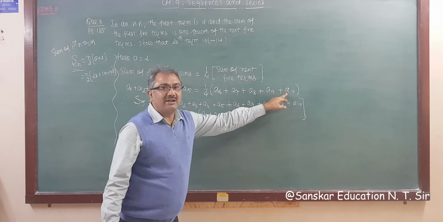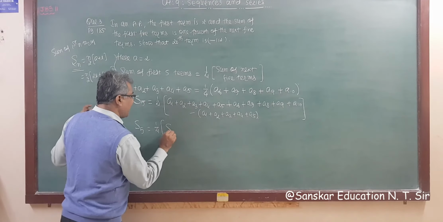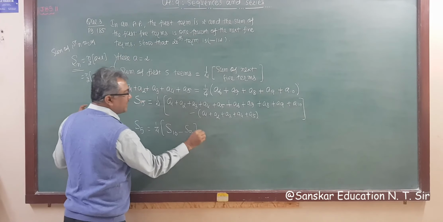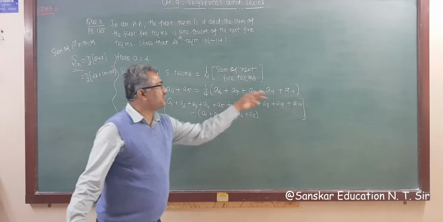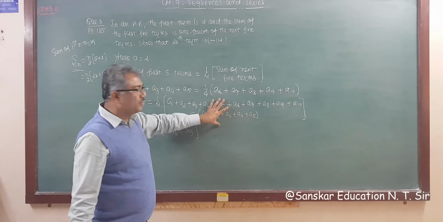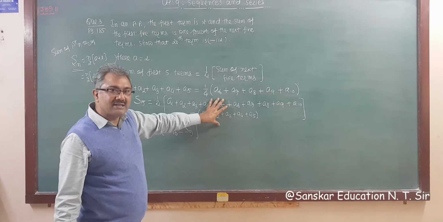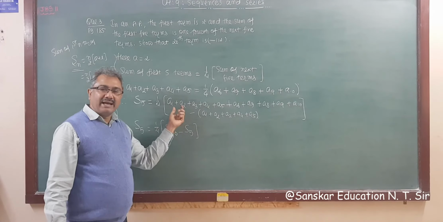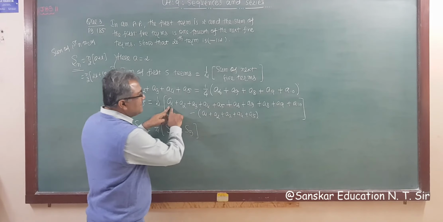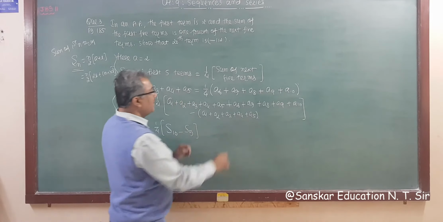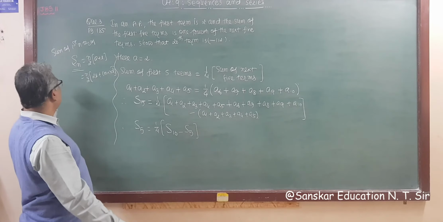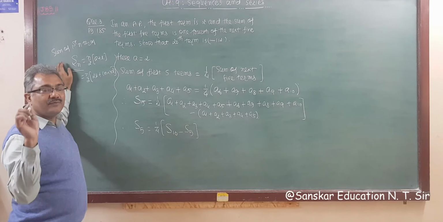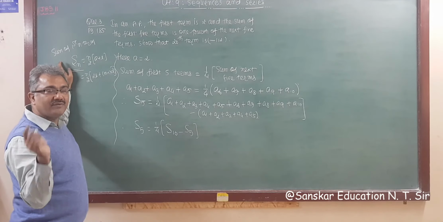ये 6 to 10 था, तो मैंने 1 to 5 ऐड कर दिया, तो S10 में से मैं S5 सब्ट्रैक्ट करता हूं, तो मुझे 6 to 10 मिलेगा. So no need to write this step if you understand. I added and subtracted to show that this became 1 to 10, and then subtracted 1 to 5, because all formulas in sequences are from 1 to n, the sum of 1 to n terms.